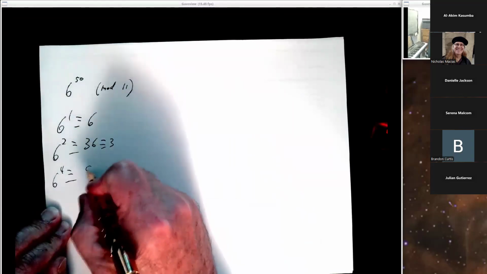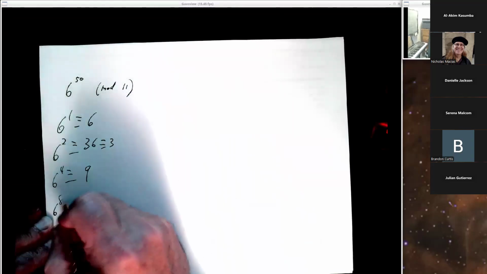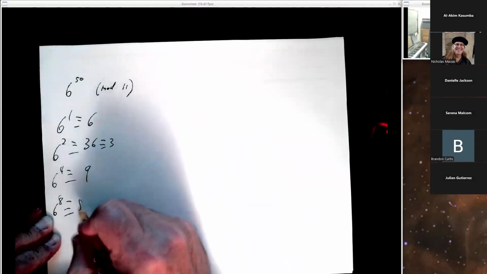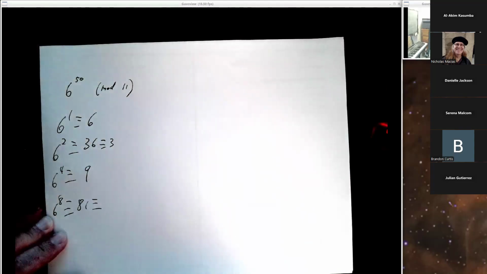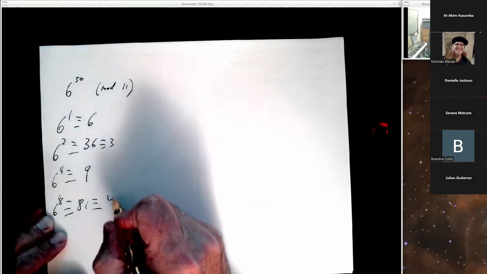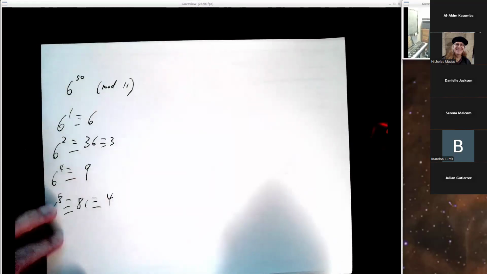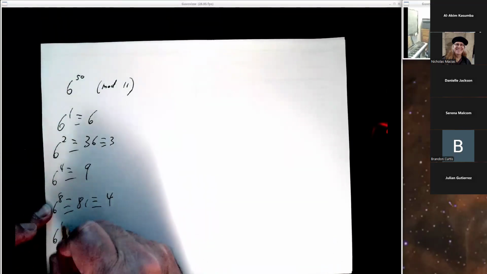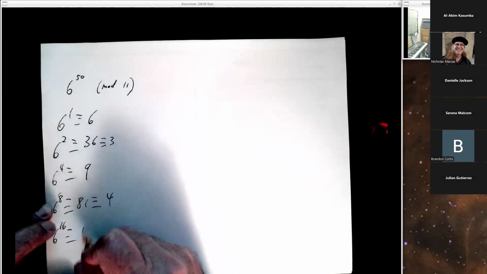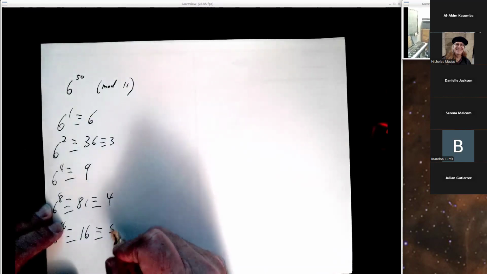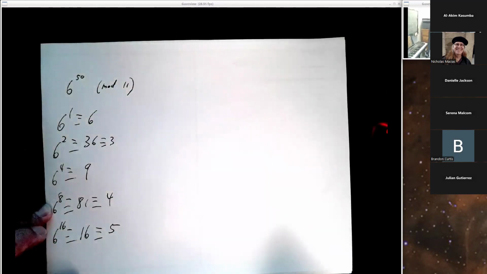6 to the 4th will be 3 squared, which is 9. 6 to the 8th will be 9 squared, which is 81, which is 4 more than 77. So that's 4. And then 6 to the 16th will be 4 squared, which is 16, which is 5 more than 11. So that gives us a 5.